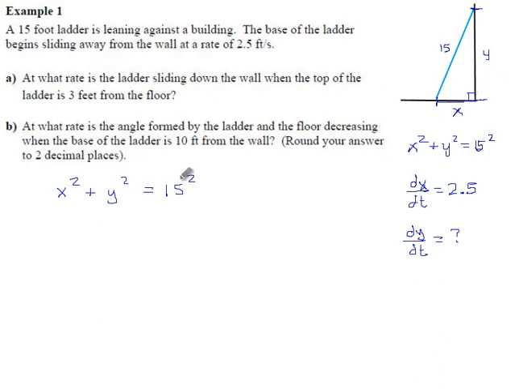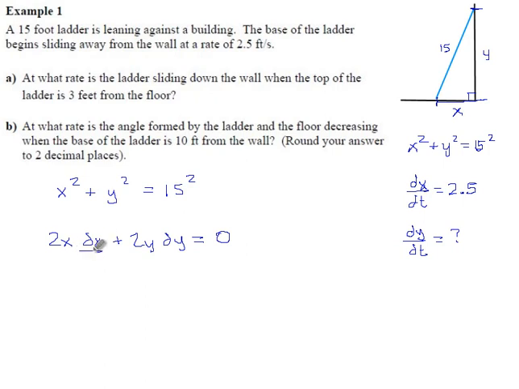Well, we can get that if we differentiate this equation. If we do its derivative implicitly, we get 2x dx plus, for the next term, 2y dy. And 15 squared is 225, but it's a constant, so its derivative is 0 no matter how big it is. So that's our differentiated equation.